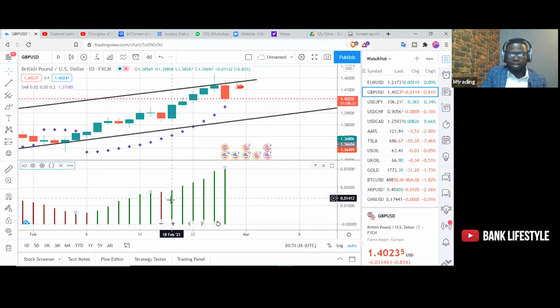That means it has gained momentum again. So whenever you see a red bar in the midst of green bars, and the red bar couldn't continue when the next green bar comes, it means that it has gained more strength or more momentum. And that means that the price can continue to go up very strongly.